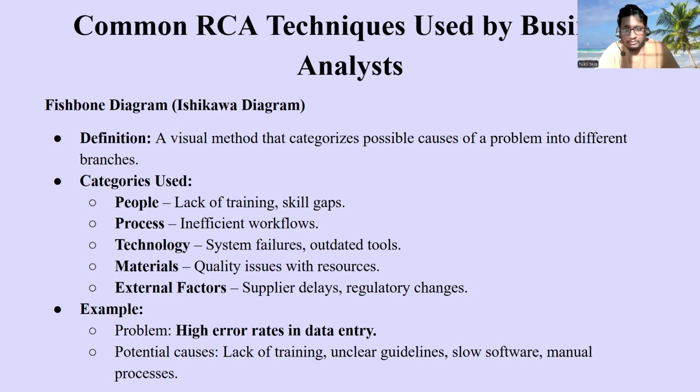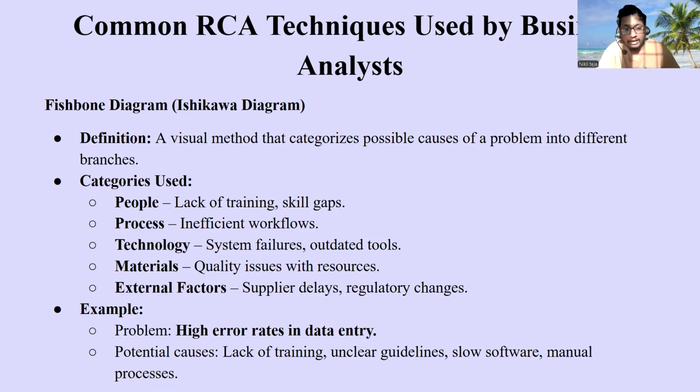Next is process: inefficient workflows. Then technology: system failures and outdated tools. Then materials, as well as external factors. So for one branch there will be one category, for the second branch a second category, for the third branch a third category, so that we can draw the fishbone diagram, identify the underlying problem, and then prevent it.